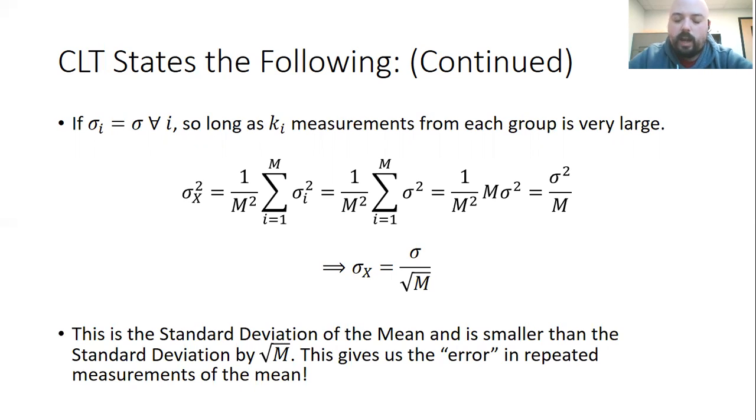All right, so this gives us an error in the repeated measurements of the mean. This is why we take our standard deviation of our sample set and divide by the square root of the sample size whenever we do an experiment of many measurements.